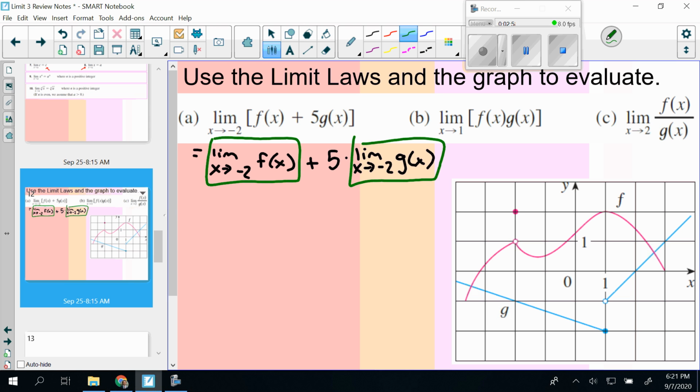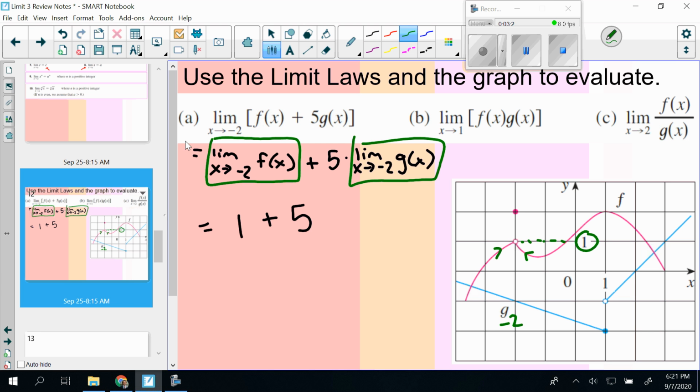So what's the limit of f as we approach -2? -2 is right here. What's the value as we approach from both the left and the right? It looks like it has the same y value of 1. And so this is going to equal 1 plus 5 times. Now let's do the same with g.